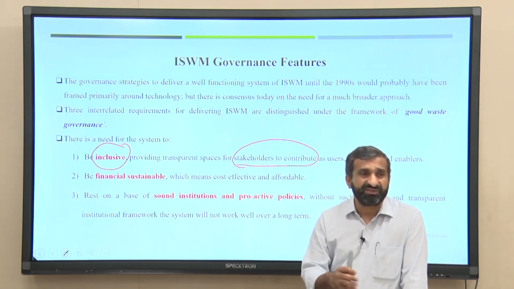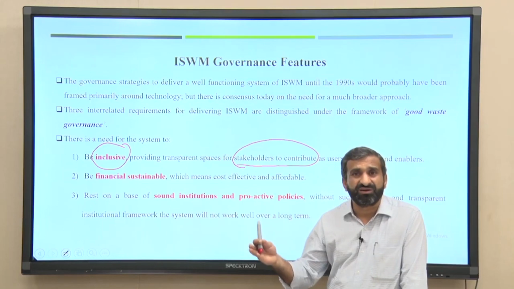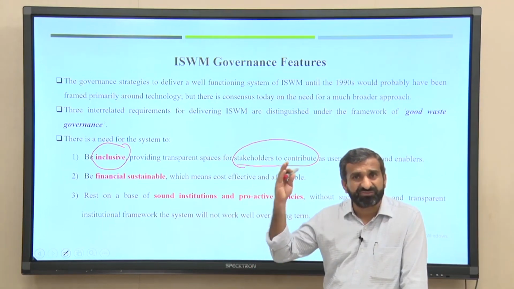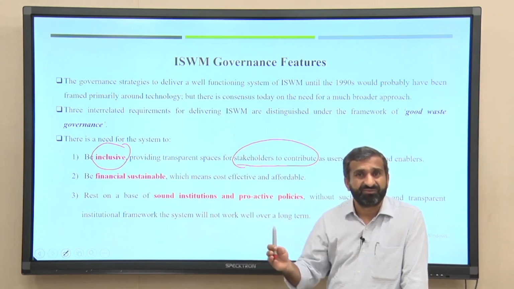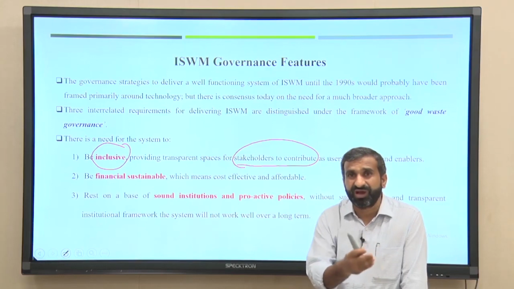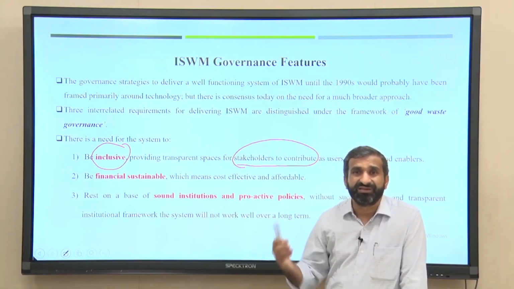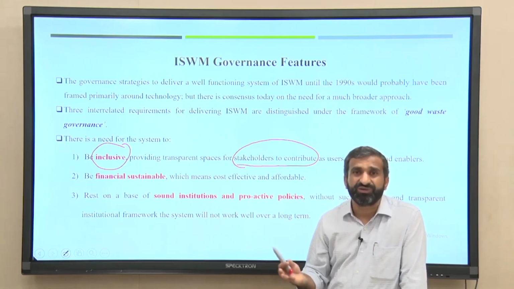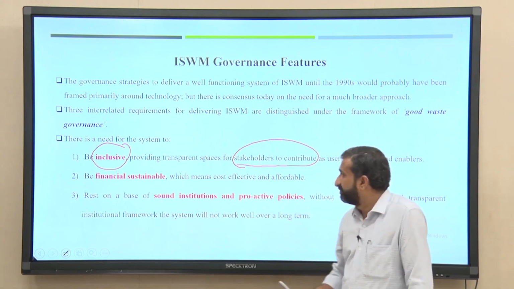Many times, suppose a corporation is starting an incineration facility, they never think that hundreds of rag pickers have been continuously collecting recyclable materials for the last few years. If you have an incineration plant, they will not be able to collect that waste. So you need to have discussions with them also, their inclusion is very important.